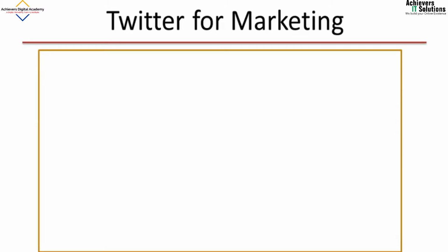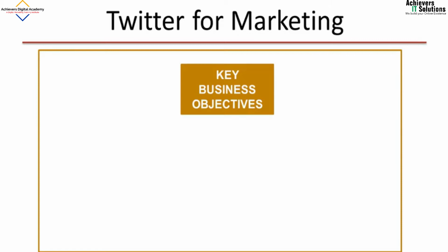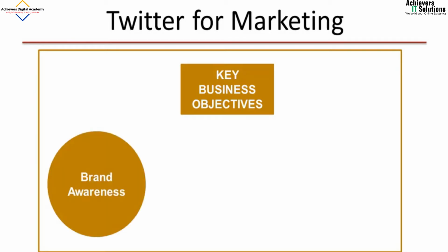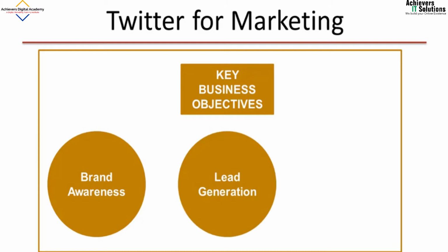So Twitter for marketing can be used for three key business objectives. You can use Twitter to drive brand awareness, visibility, build top of mind recall, drive engagement for your brand. You can also use it for lead generation to drive inquiries and sales.